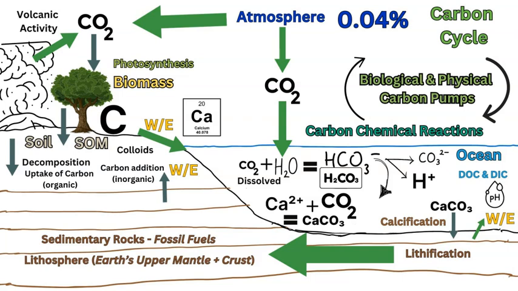This has happened over the last 150 years, where there has been a slight lowering and acidification of the oceans, which has a great impact on the ecosystems that exist in the oceans as a careful balance. When you imbalance or remove that balance of CO2, you're going to have an adverse effect on the ecosystems that are existing in the oceans. Also, you might have an impact on the biomass.